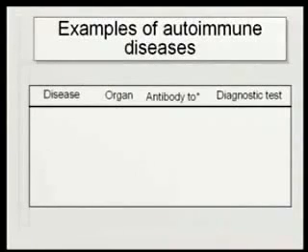When I say Hashimoto's thyroiditis, there is no secret what organ is involved. So you've got to concentrate only on a few where it does not mention the organ. Okay? Addison's disease, Graves' disease. Where there's no link between the organ and the name, in that list you will find only a few of them.